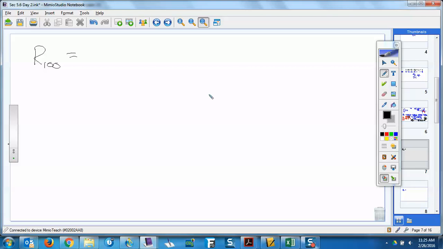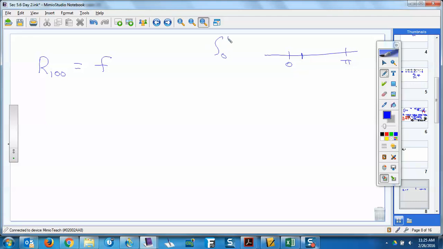So here we go. Oh, whoops, I already had it. So, what is the first? Now, I might want to make myself an x-axis. Here's 0. Here's pi. What's my first subdivision? How wide are these going to be? This is still the same integral. So this will be pi 100ths.